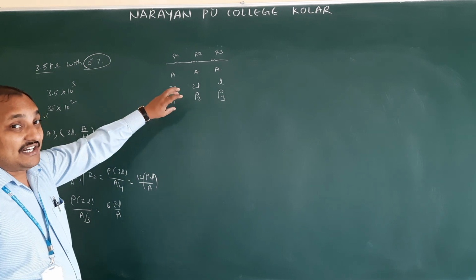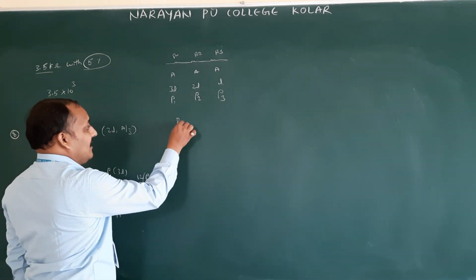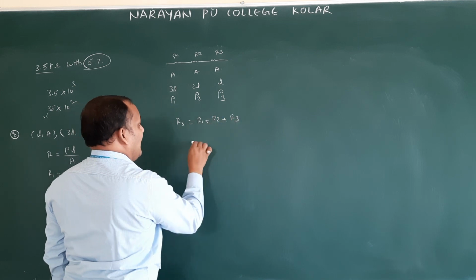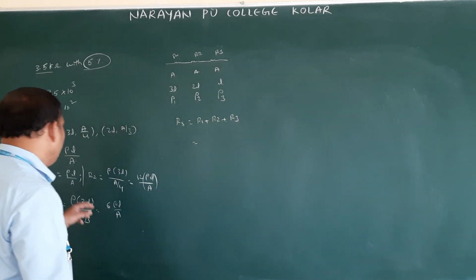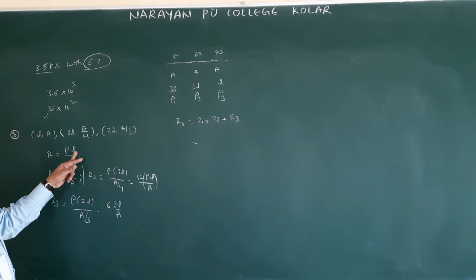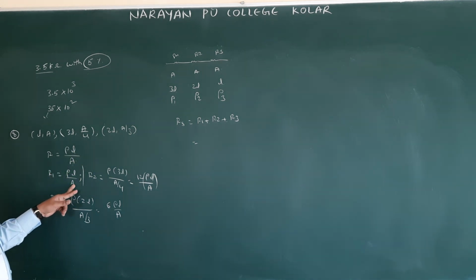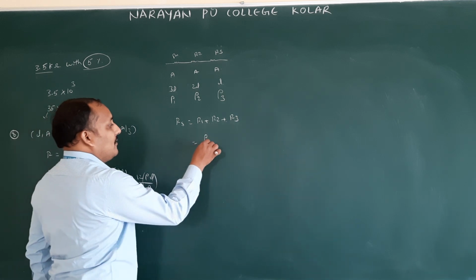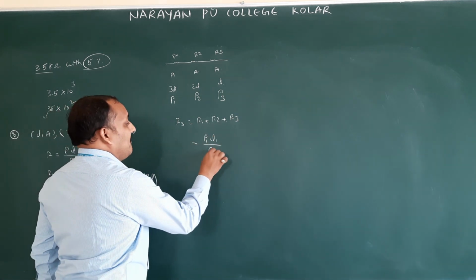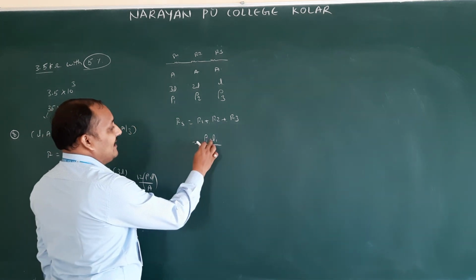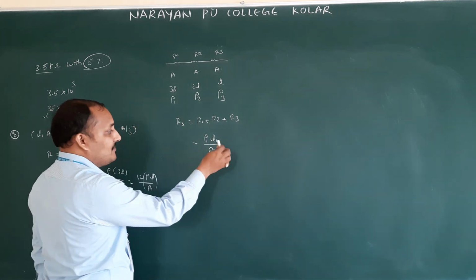We can apply the equivalent resistance formula. Rs is equal to R1 plus R2 plus R3. R1 comes from rho L by A, so R1 is equal to rho 1 L1 by A, because the area of cross section is the same. L1 means 3L, which we substitute later.